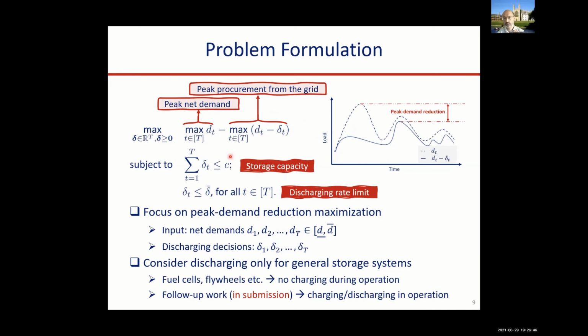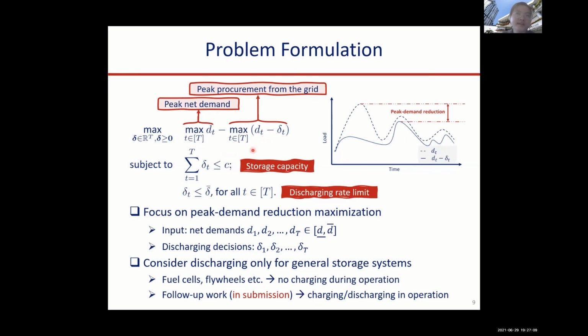The question is, we consider the online setting. In the online setting, we do not know the value of peak net demand. So, in my opinion, from this point of view, it's much more difficult to maximize the difference of the two peaks in our online setting.